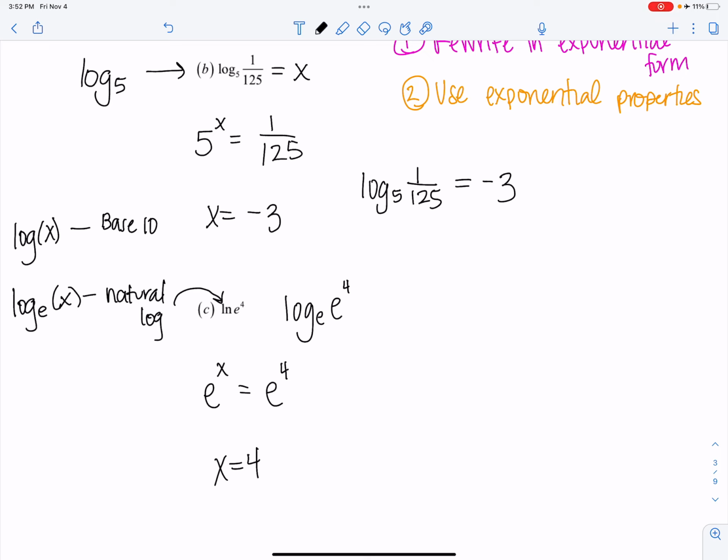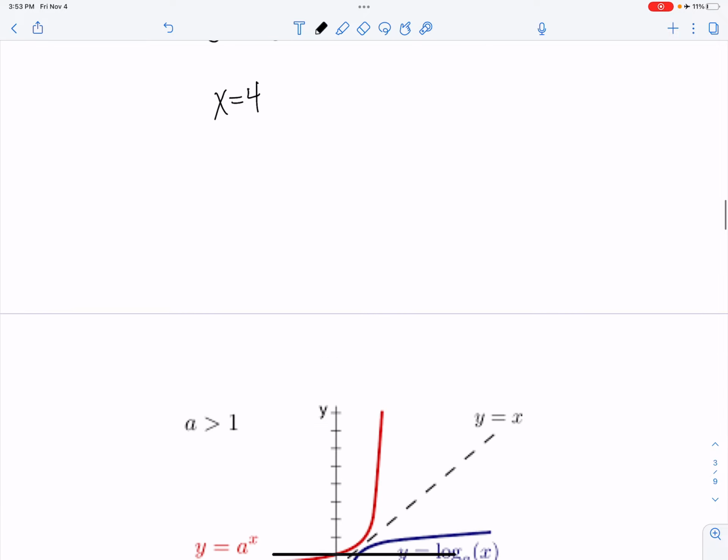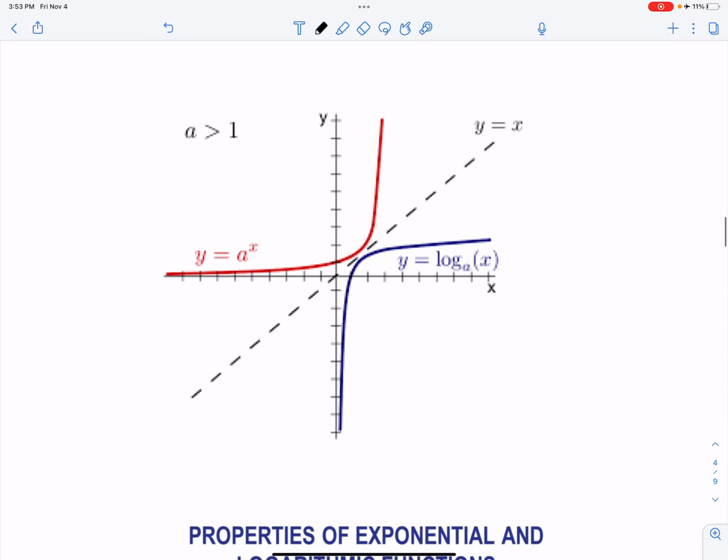So this tells me that natural log of e to the fourth has a value of 4. It's really great, an instant application of why we need to know how to rewrite these things in exponential form and go back and forth, because by rewriting them we can find value.